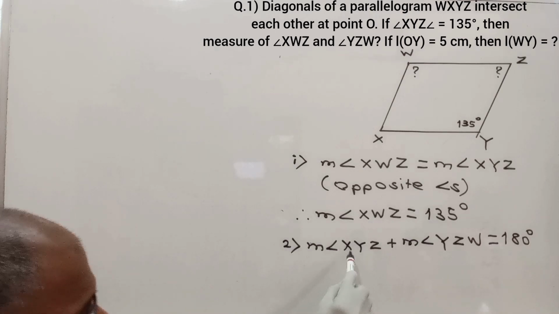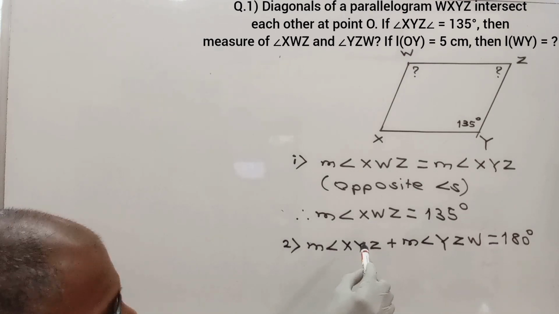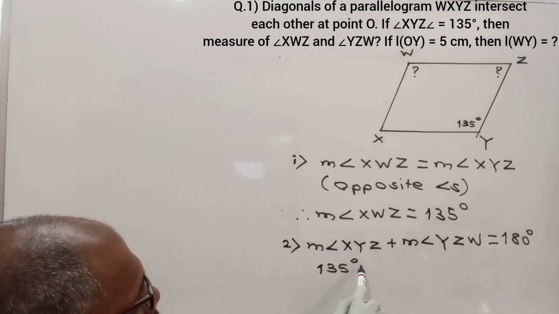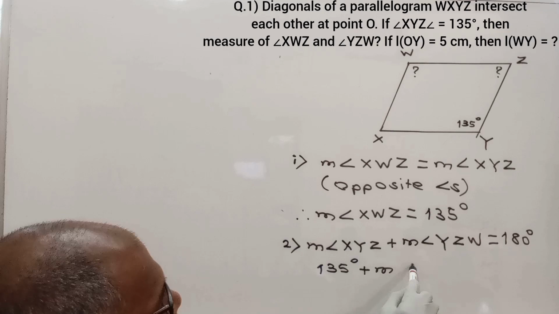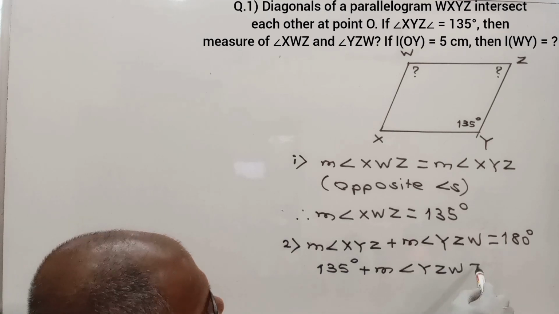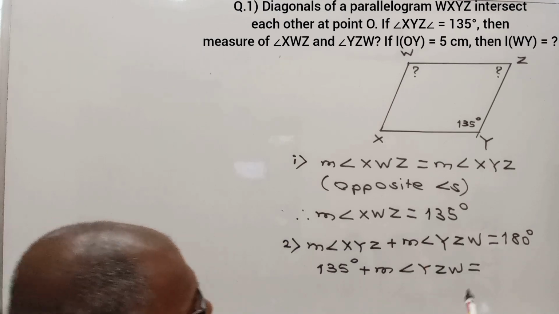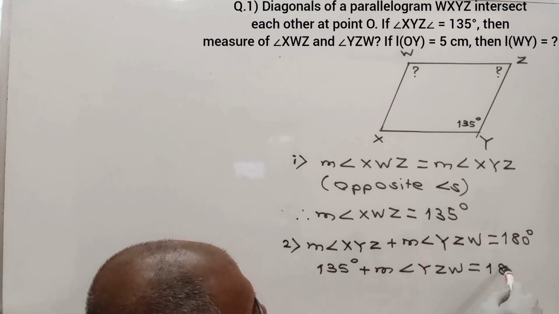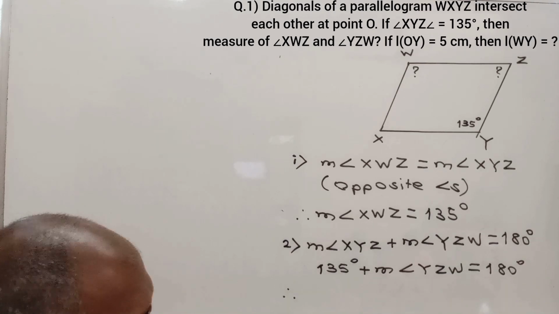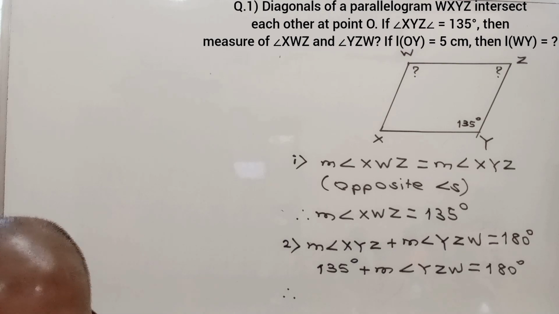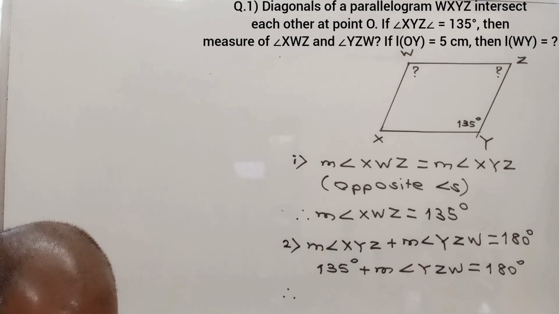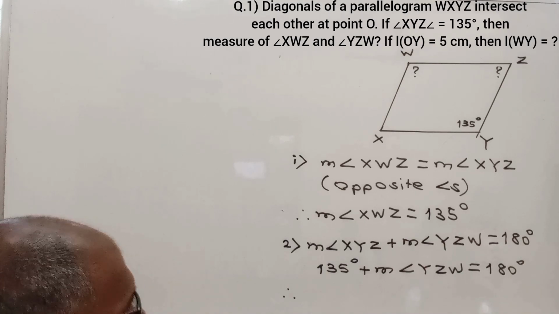Now we know the measure of this angle XYZ. It is 135 degrees, plus we don't know the measure of this angle, so we write it as it is. Measure angle YZW is equal to 180 degrees. Now 135 degrees and 180 degrees are like terms. So we take this 135 degrees, the smaller number, to the right side.